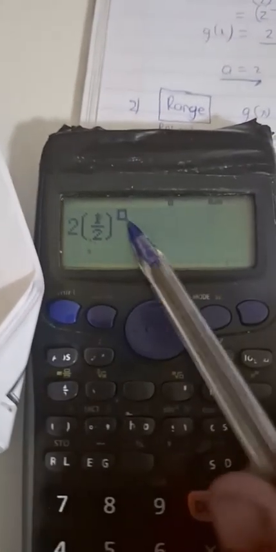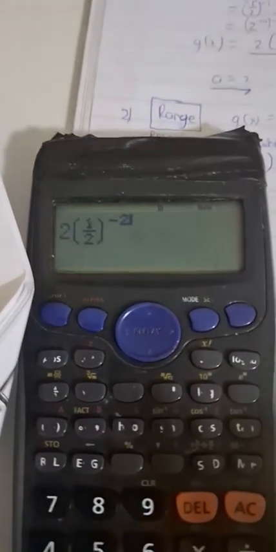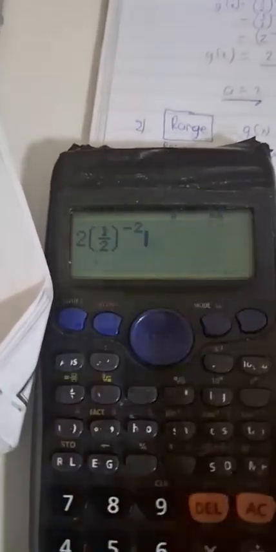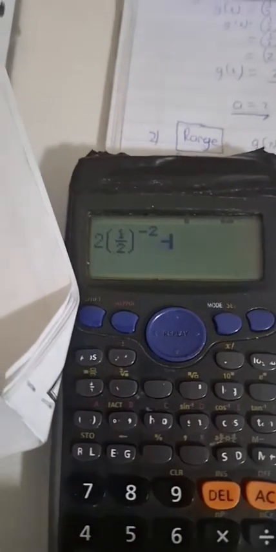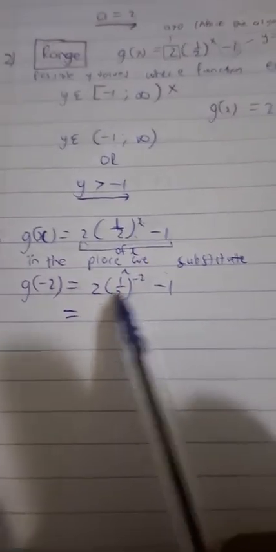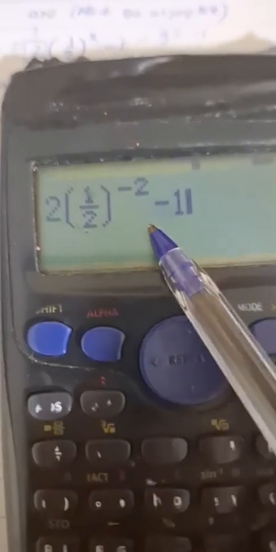There it is. Then we write negative 2, and make sure that we write the -1 as it is represented. So now it is written into my calculator.